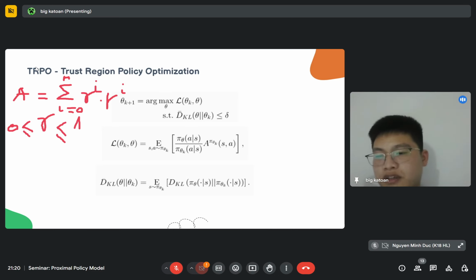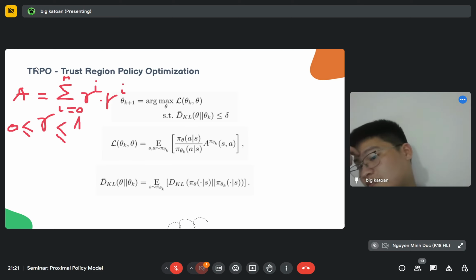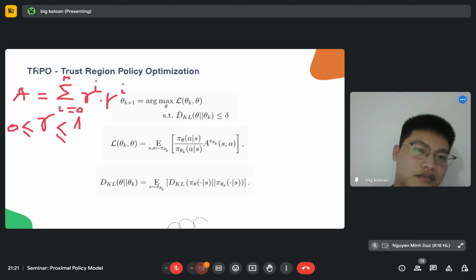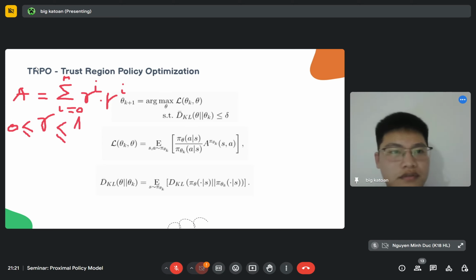The surrogate advantage is the advantage of when you choose an action in a state, and you define whether that reward is good or bad for the current action in the current state, and in the future too. Yeah, and in the future.